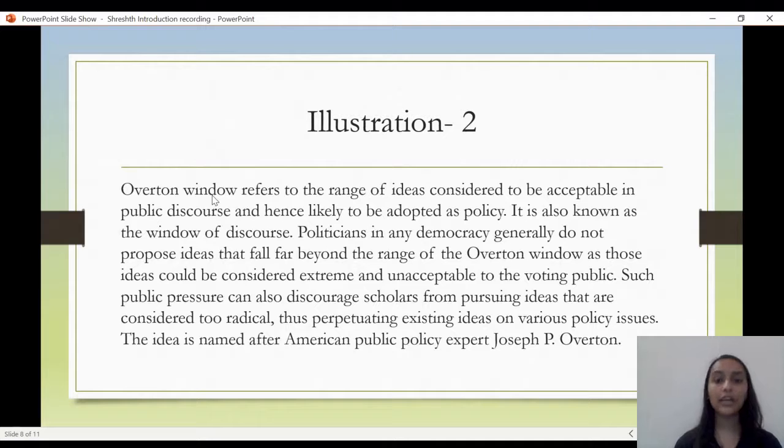Such public pressure can also discourage scholars from pursuing ideas that are considered too radical, thus perpetuating existing ideas on various policy issues. The idea is named after American public policy expert Joseph P. Overton.